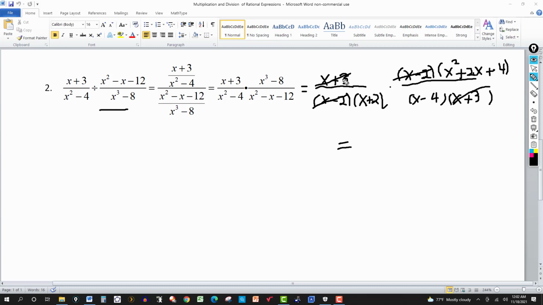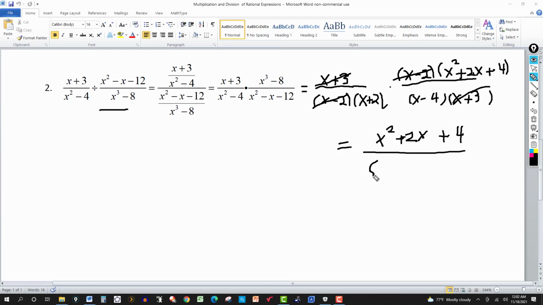What do I have left? So on top, the only thing I have left is x squared plus 2x plus 4. And in the bottom, we have left x plus 2 and an x minus 4.